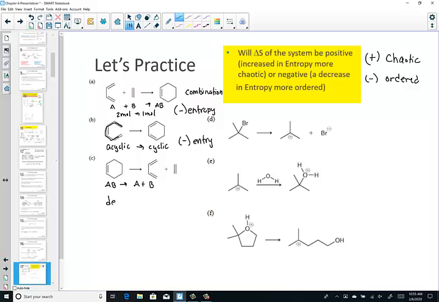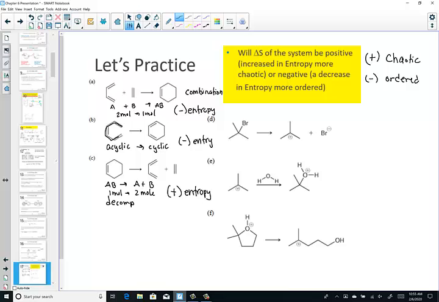We call this a decomposition pattern, where compound AB is breaking into two separate compounds. So here we have 1 mole forming 2 moles, which is more chaotic, with more microstates. So this indeed represents a positive entropy, more disorder, more microstates.